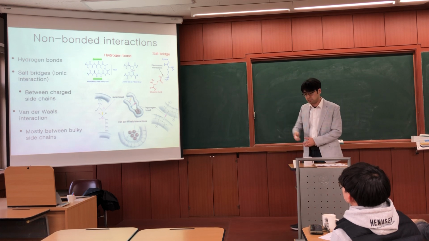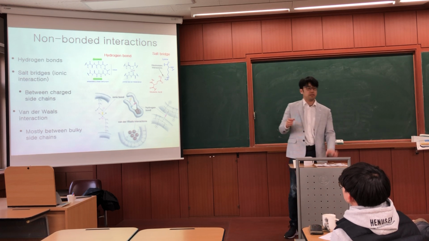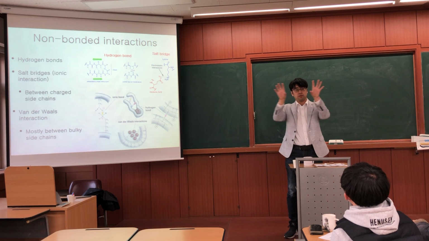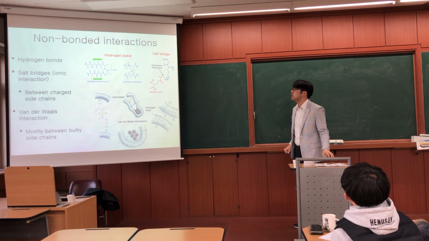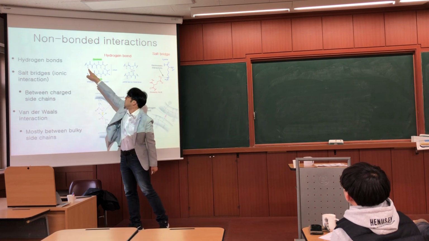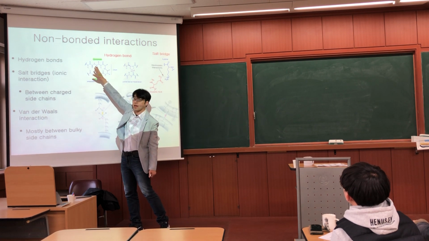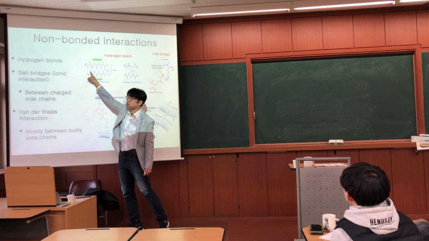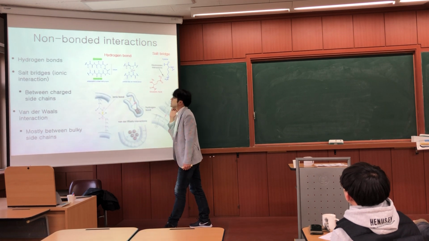So what are ions? Ions are particles with charges, right? So ionic interaction means the electrostatic interaction between charged particles. For example, these red dotted lines mean hydrogen bonds, the interaction between hydrogen and strong electron withdrawers.